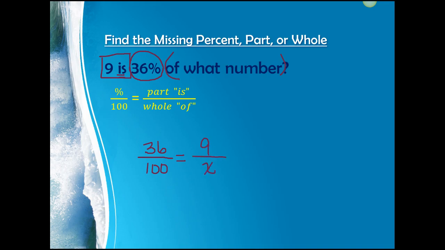It's the x, or the value that we're trying to find. Now that we have our proportion set up, we cross multiply. 9 times 100 is 900, and then we divide by the 36, and we find that x equals 25. 9 is 36% of 25.